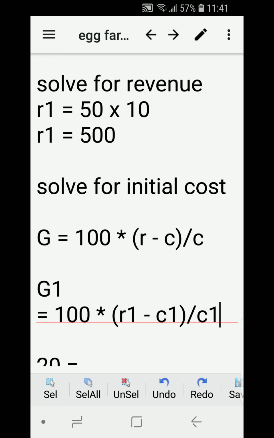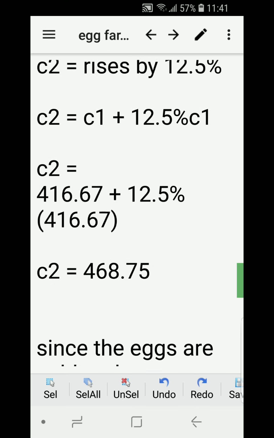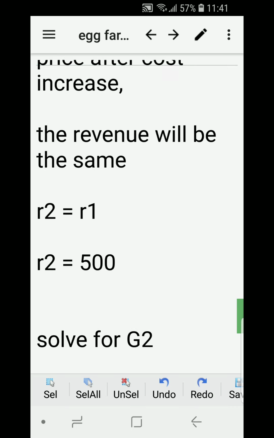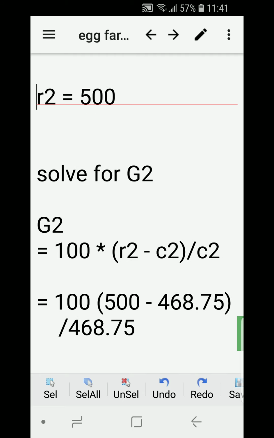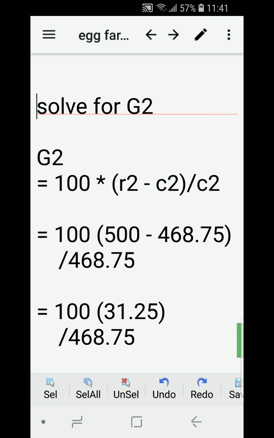Revenue R1 equals 500, so this will be equal to R2 since he kept the same price. And now we solve for G2, which is what we're required to solve.